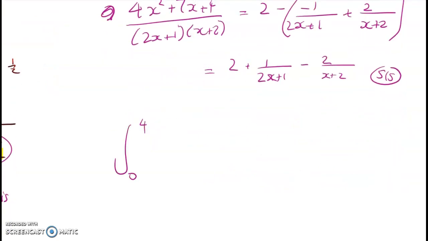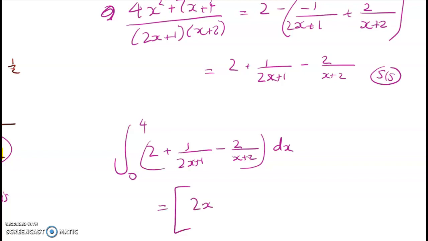We get the integral from 4 to 0 of 2 plus 1 over 2x plus 1 minus 2 over x plus 2 dx, which equals 2x plus, now leave a gap for the coefficient, the natural log of 2x plus 1. Now when we differentiate that, we get a 2 coming out. We don't want it, so we divide it out.